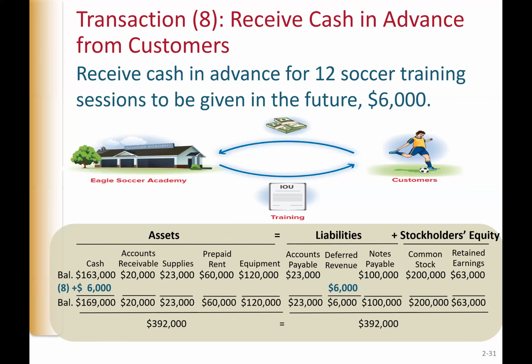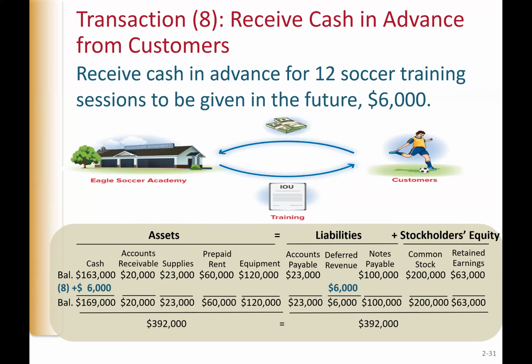So another thing I'd like you guys to put in notes: liabilities will always have the word payable, and the only liability that doesn't have the word payable is deferred revenue. Don't be confused.